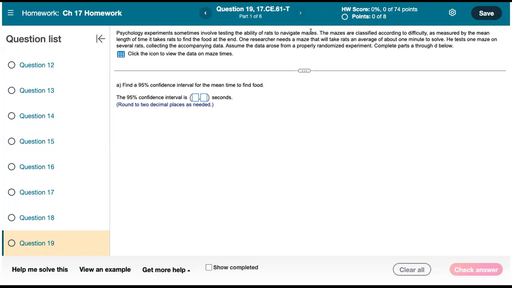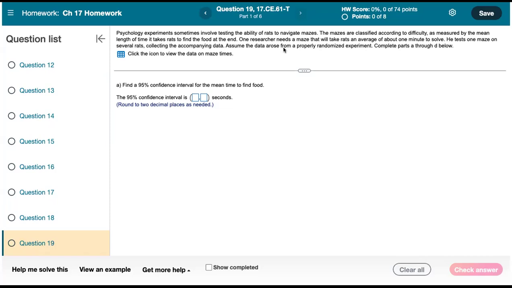So the researcher needs a maze that will take an average of about 1 minute to solve. Now, he tests one maze on several rats, collecting the accompanying data. You should also assume the data arose from a properly randomized experiment. You've been told that. And then we are asked to complete parts A through D.